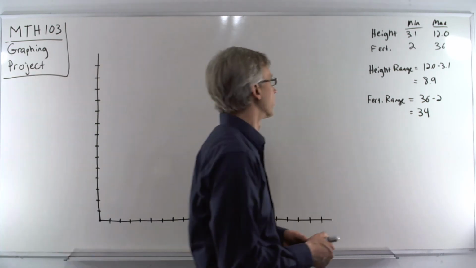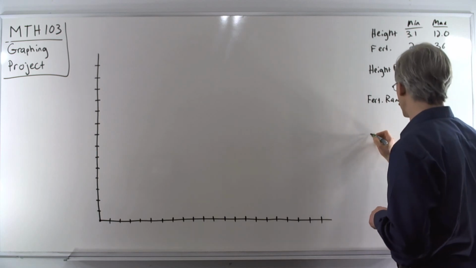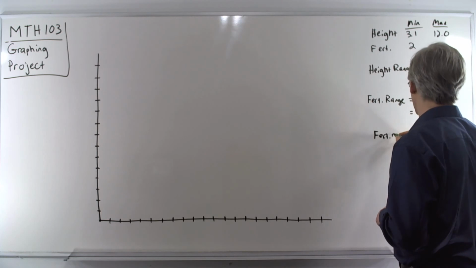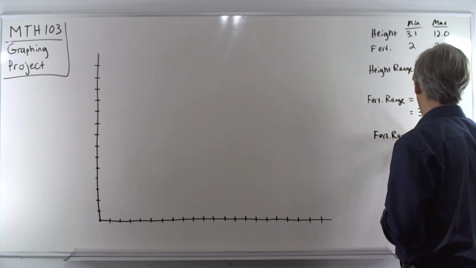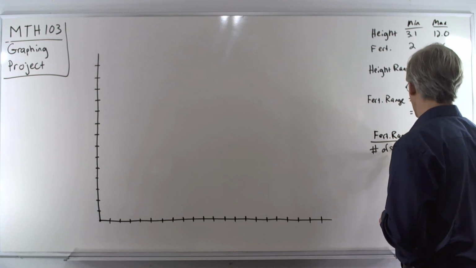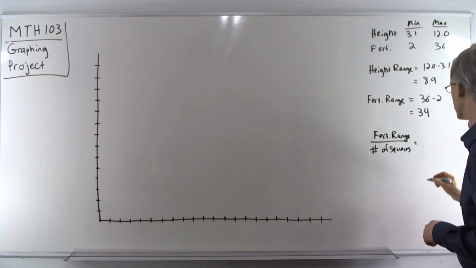So what we're going to do now is divide the fertilizer range by the number of squares.